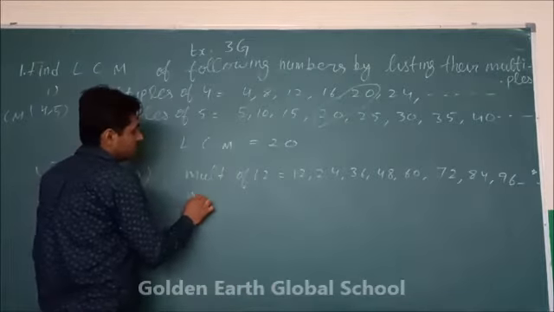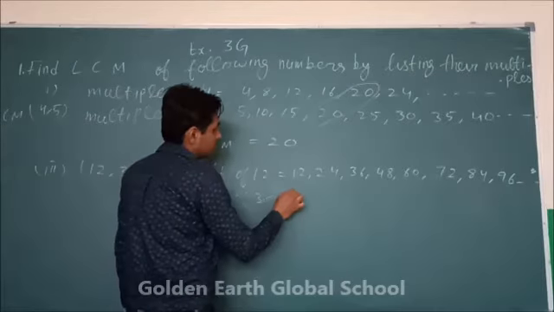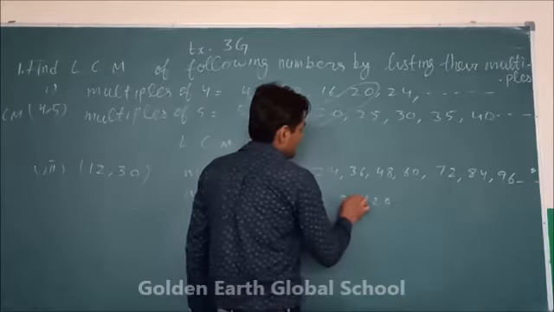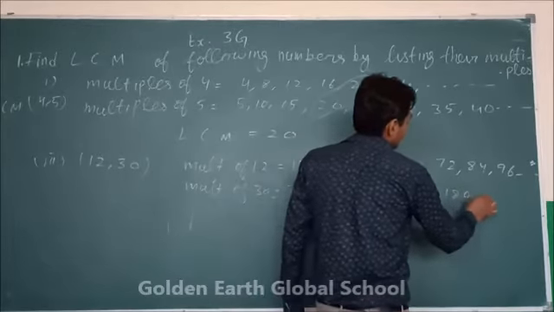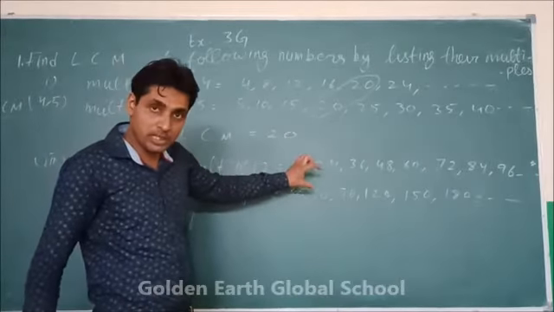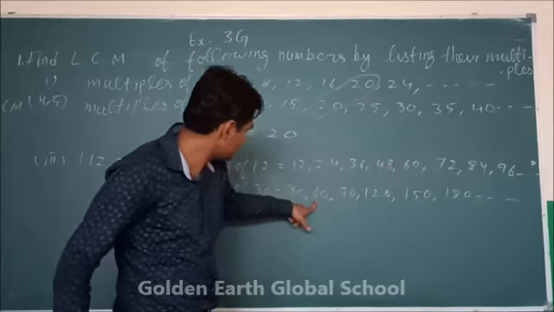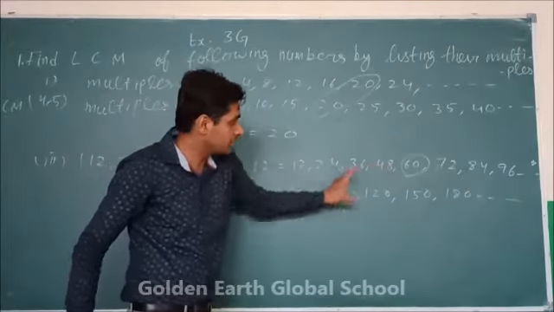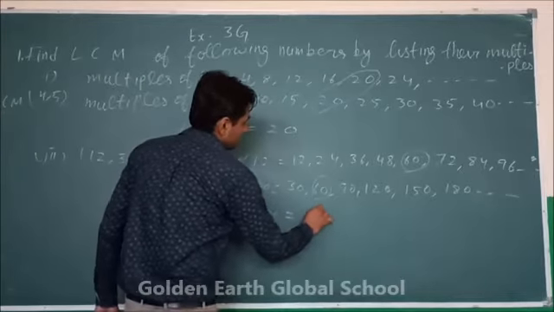Then multiples of 30, the 30 table: 30, 60, 90, 120, 150, 180. Now find which is common and lowest. Look carefully, 60 is common in both and it is the lowest common multiple. So 60 is the LCM.